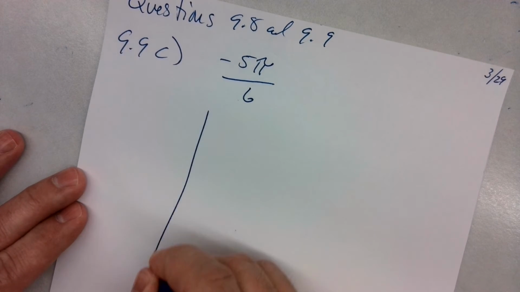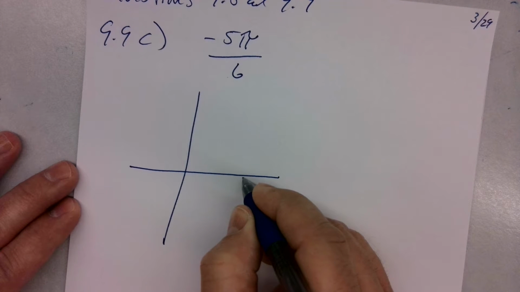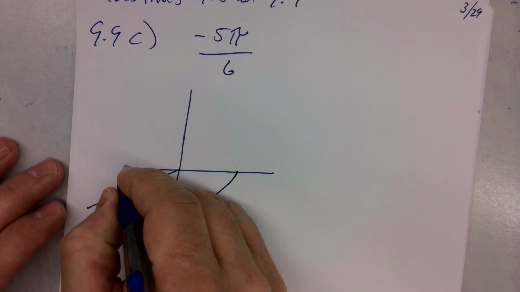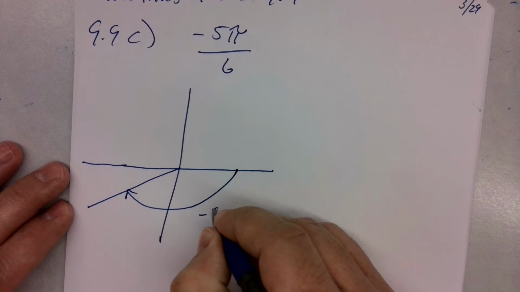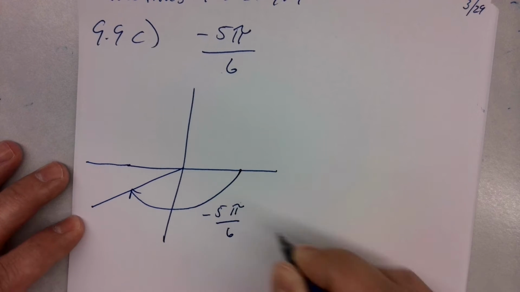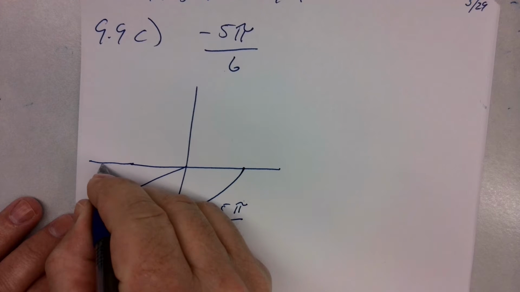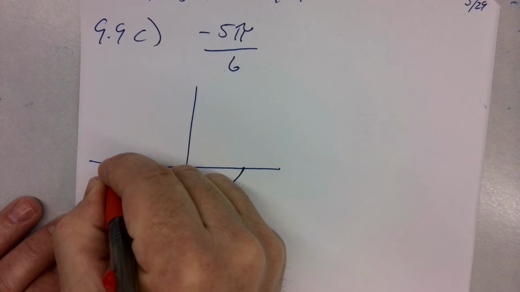So what I would do is figure out where negative 5 pi 6 is. Negative means I'm going this way, right? And I believe negative 5 pi 6 puts me right there. Now, what that does is create this triangle, because remember, I always create it with the horizontal.